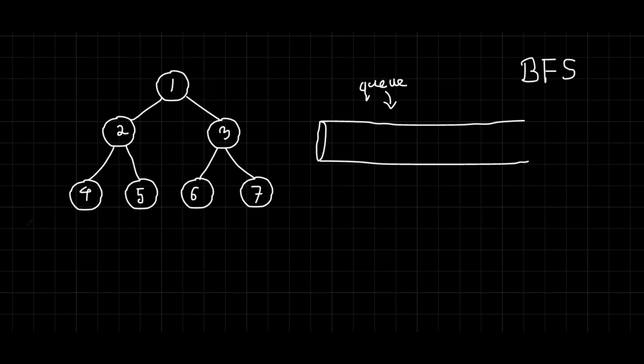Now, how can we basically solve this problem? This problem is basically solved using the BFS. Why are we using the BFS? Because we are connecting the nodes on each level. As 4 is connected to 5, or we can say that the next pointer of 4 is connected to 5, the next pointer of 5 is connected to 6, and 6 is connected to 7, and 7 is connected to null, and so on.